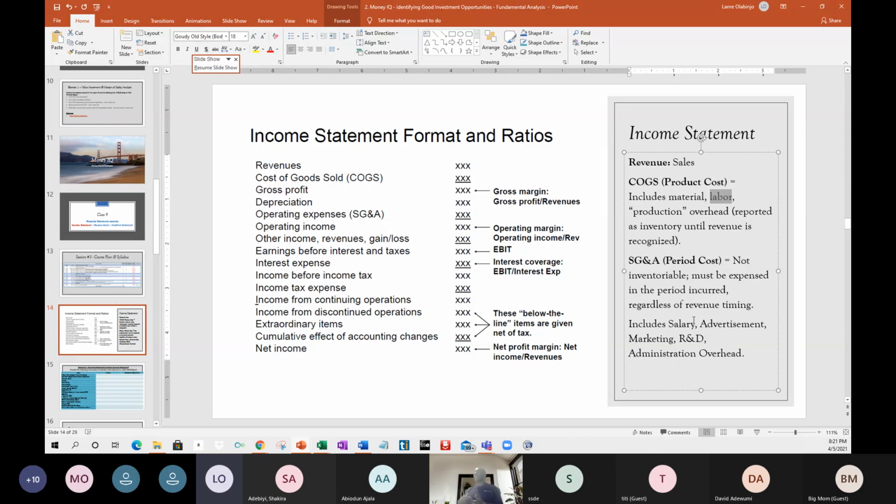Those fall under period cost. They are ongoing costs that the company will incur. So some salaries still fall under period cost. I explained advertisement, money spent on marketing, research and development, and administration overhead, not the production overhead. Administration-type overhead, like the secretary to the CEO, is SG&A.